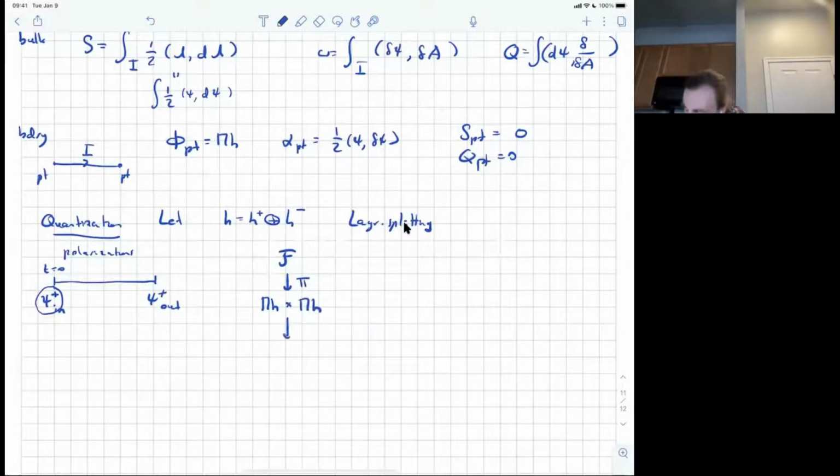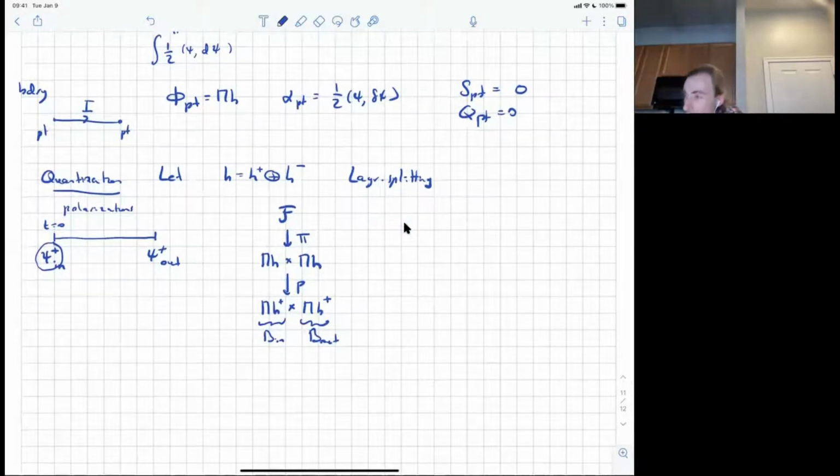And then by polarization, this projects to pH plus, which is the base for the initial polarization, and also pH plus, which is the base for the out polarization. Just due to our choices, we could have made different choices. So this is B initial and B final. So the fiber of this composite projection, that's the thing that we are interested in.